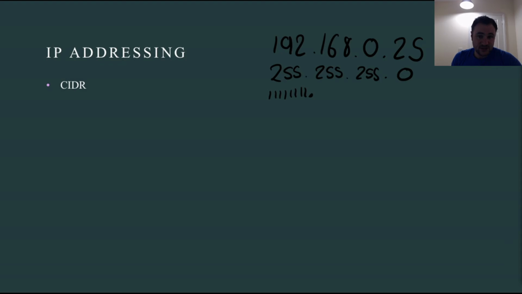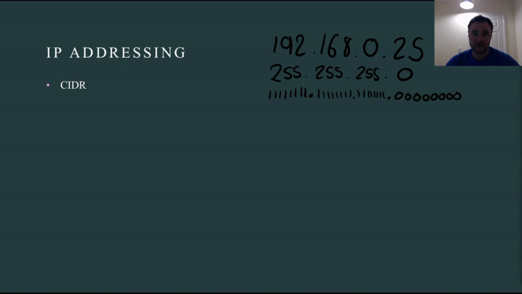And when it's 255, all ones are turned on, so we have another 8. And where we have a 0, there's 8 zeros because none of the bits are turned on. Okay, so that is the binary value of that subnet mask.